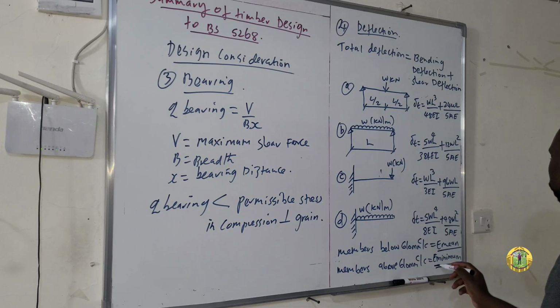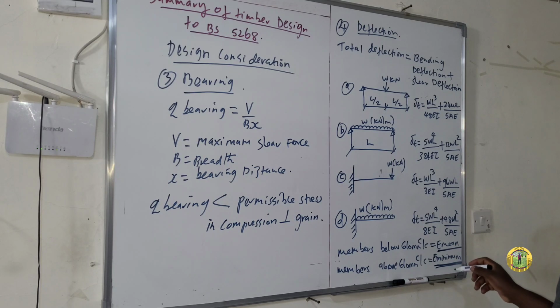Get the difference? So when calculating deflection, members below 610 millimeters center to center, we use E mean, and members above 610 millimeters center to center, we use E minimum.